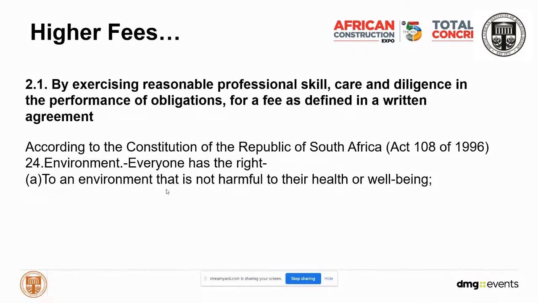And so in essence, this means that as architectural professionals, we have a social responsibility, and that responsibility is to do our job properly. And should we do that job properly, that in turn attracts a fee. And depending on the value that you've added, you can charge that fee.